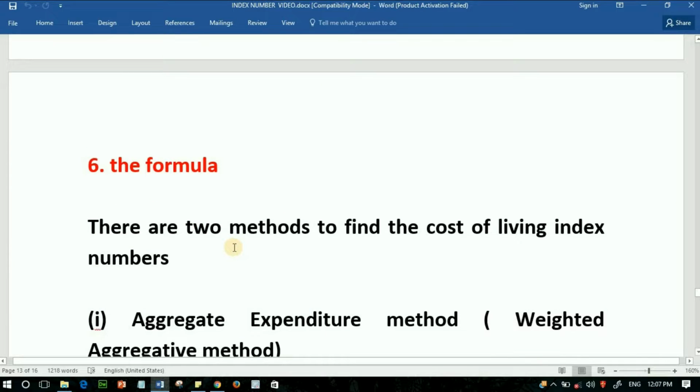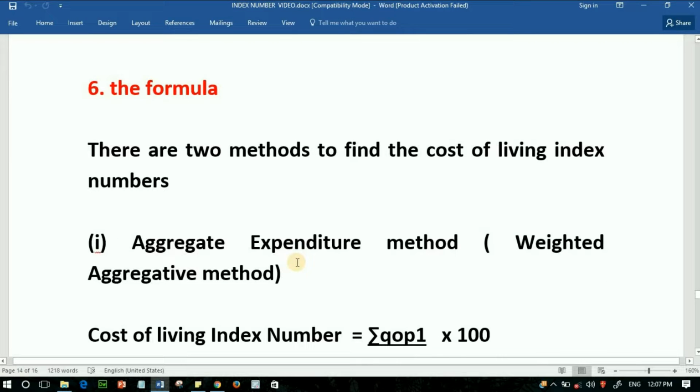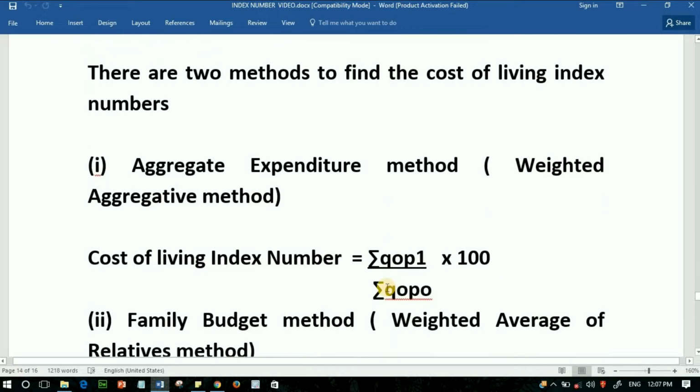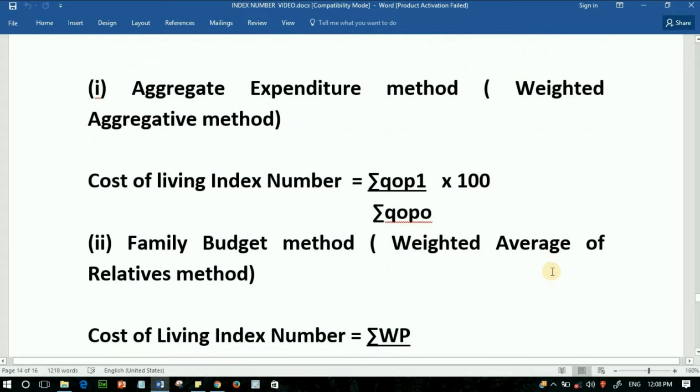Then mainly there are two methods to find the cost of living index number. One is the aggregate expenditure method, another is the family budget method. In the first case, the formula is Σ Q0 P1 by Σ Q0 P0 into 100. The second method is the family budget method, or weighted average of relatives method.